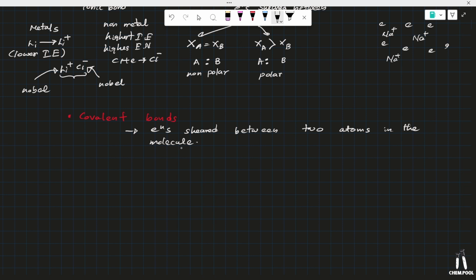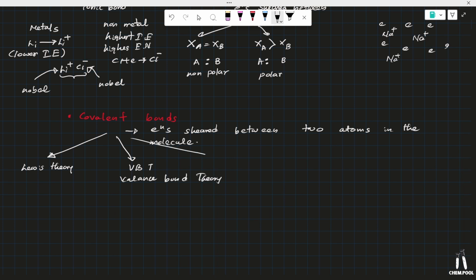These covalent bonds can be described using three ways. First one is Lewis theory, right? Then second one is VBT, valence bond theory.